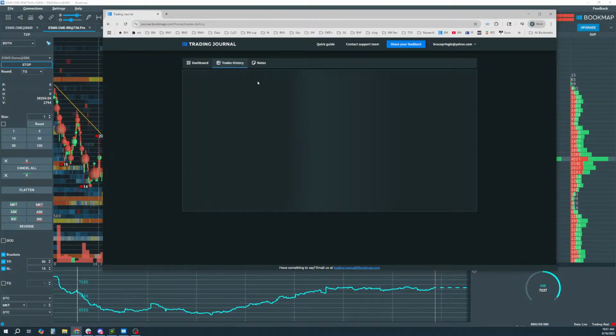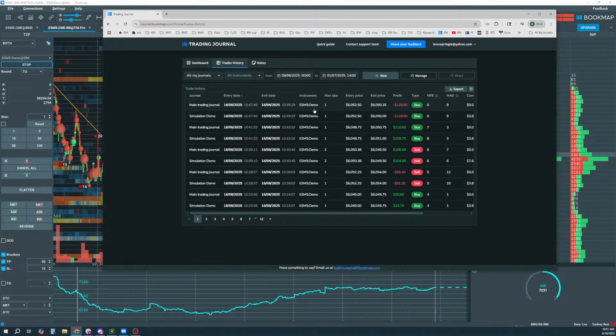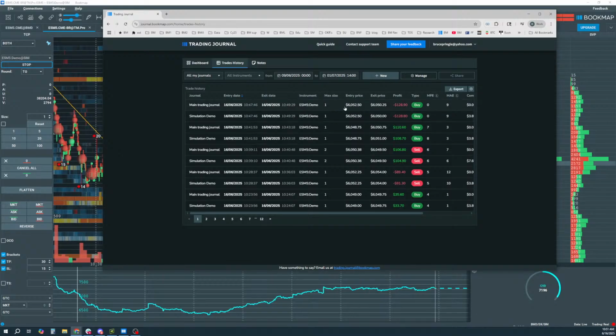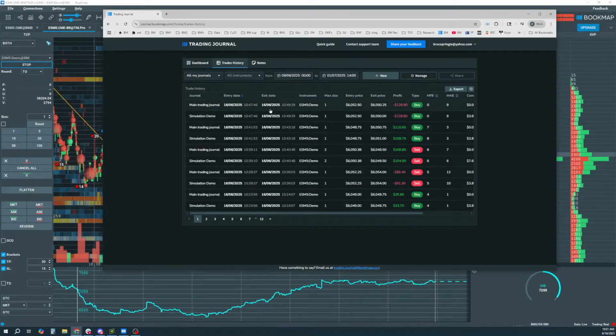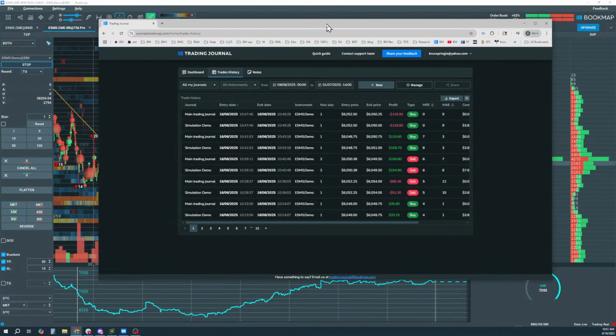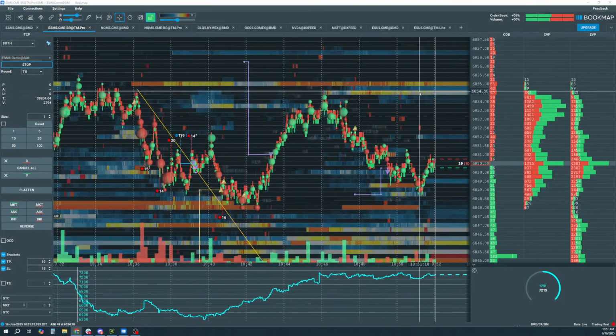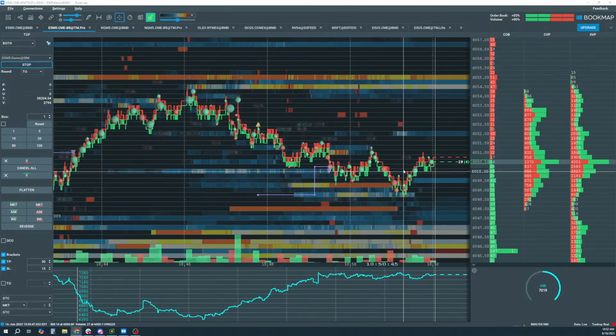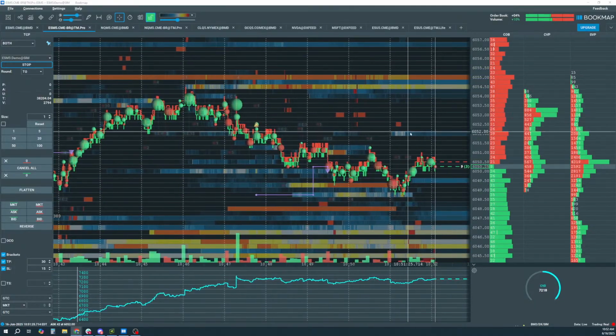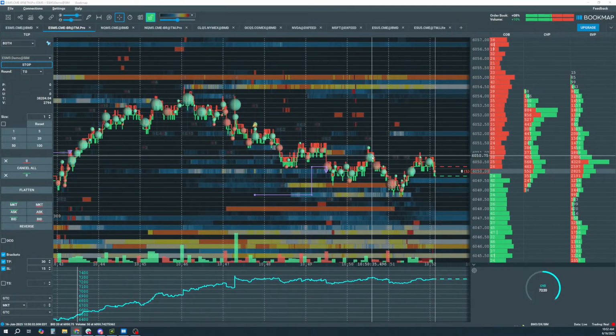All the trades are in here as well. You can see these are the few losses that we had and a few gains as well today. So it just traded into high liquidity down here and a move right back up.